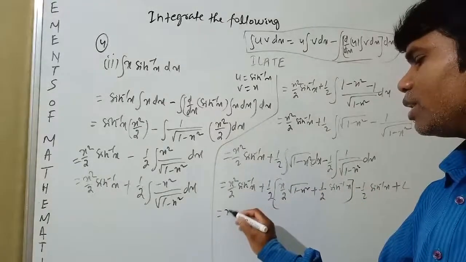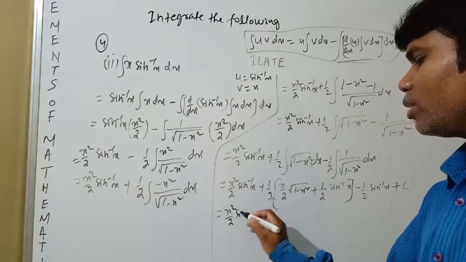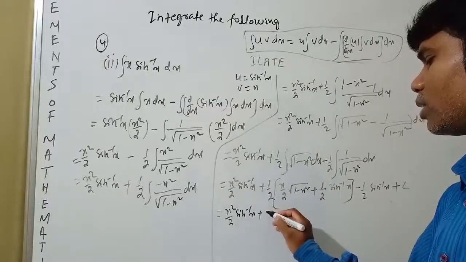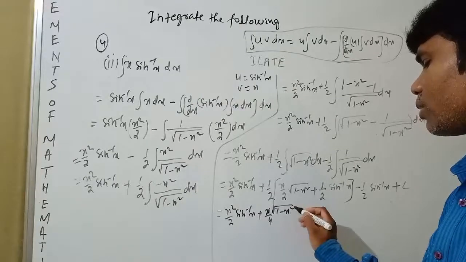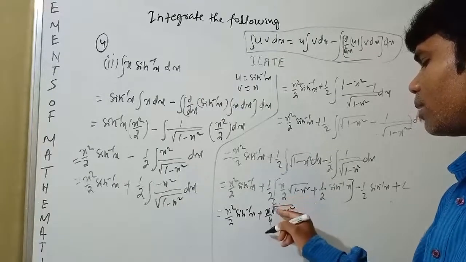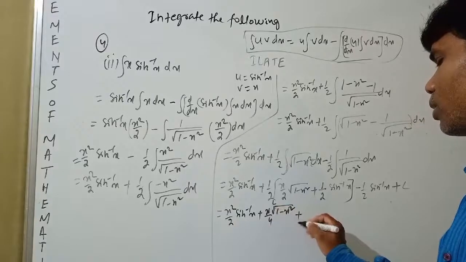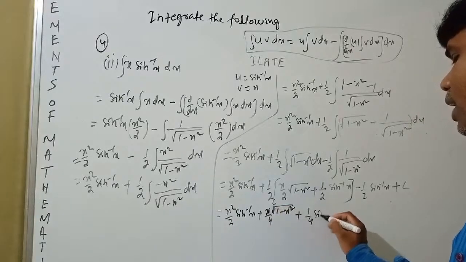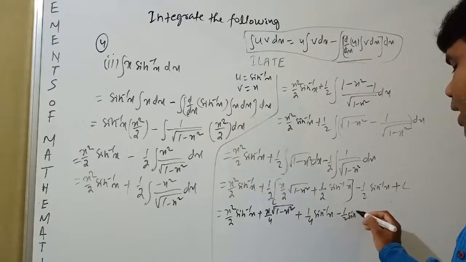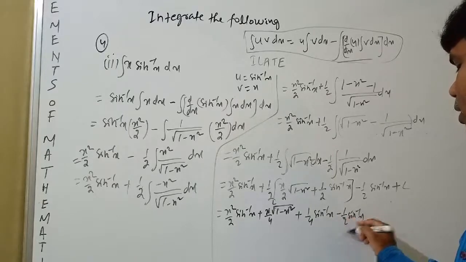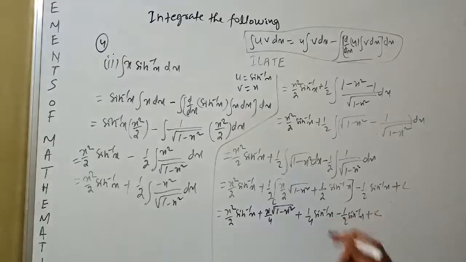Is equal to x square by 2 sine inverse x plus x by 4 root over 1 minus x square plus 1 by 4 sine inverse x minus half sine inverse x plus c.